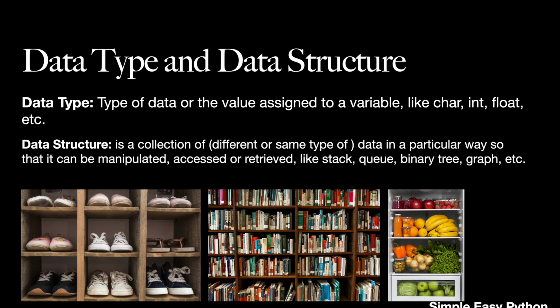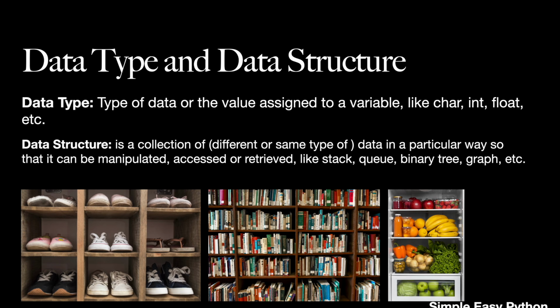So the bookshelf, refrigerator or shoe rack, you can imagine as a container or data structure. And shoes in the shoe rack are a type of data. Again, if you go to the bookshelf, it has many books, and it is not necessary that all the books are related to one subject only.